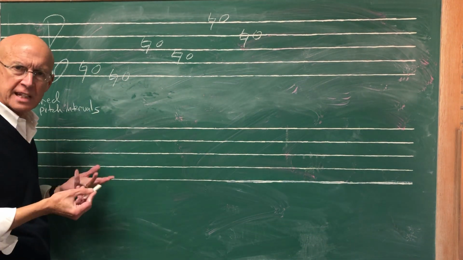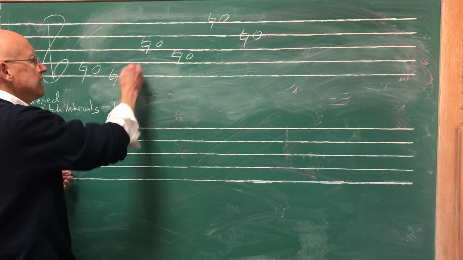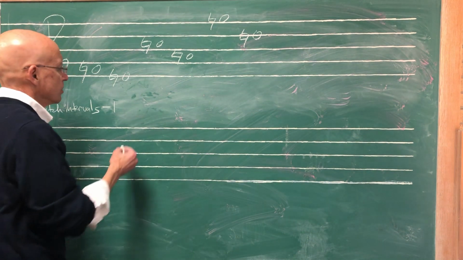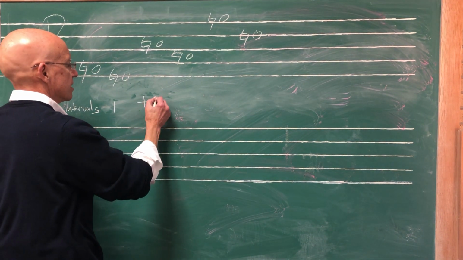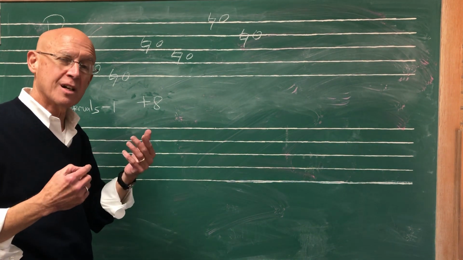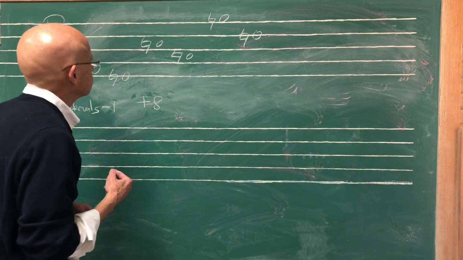It's a half step down, so it's -1. E up to C is an ascending minor sixth, which is +8. 8 half steps. So you have to memorize how many half steps are in the conventional intervals.